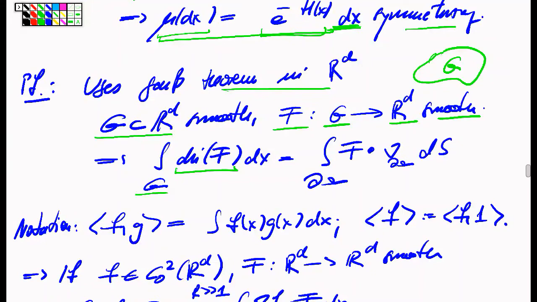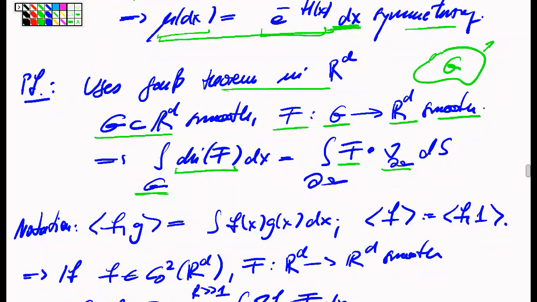It's the sum of the respective partial derivatives of the vector field f in the respective dimensions. The sum of all these first order derivatives gives a scalar function. You integrate the scalar function over the set G, and this is just the same as if you integrate the non-differentiated vector field, taken in the inner product with the surface normal of the boundary of that domain. So that's the boundary of the domain, and you have, let me write that better.